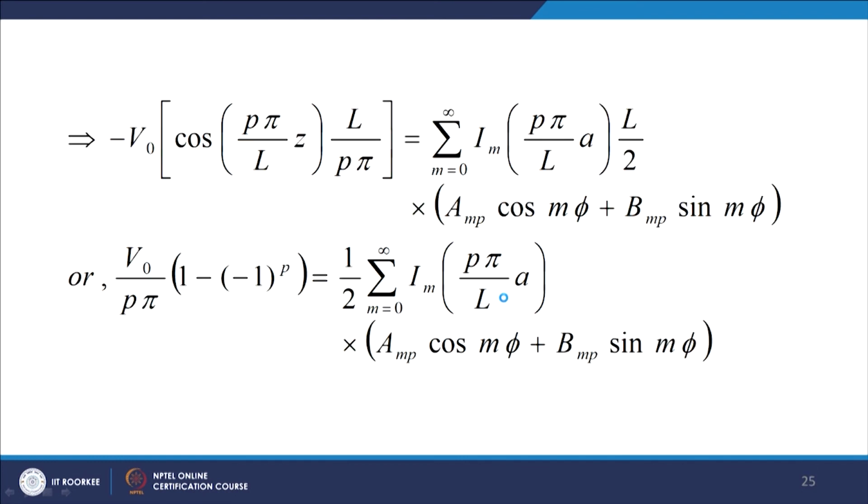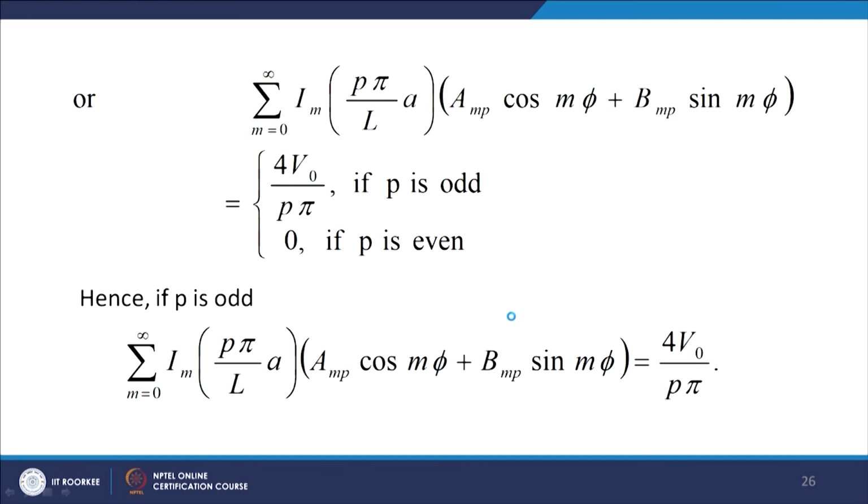So, we will have the following: minus b naught cos p pi over l z, l over p pi, this is l by 2 this, and then minus b naught over p pi cos p pi is minus 1 to the power p. We have this equation, and we have half l, we have cancelled this l with this, and we get this equation I m p pi over this one, okay.